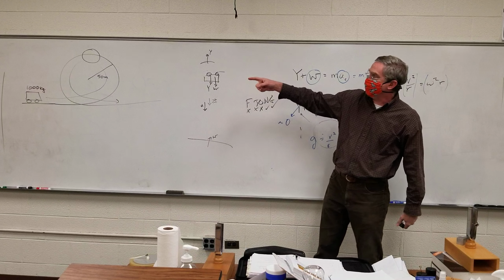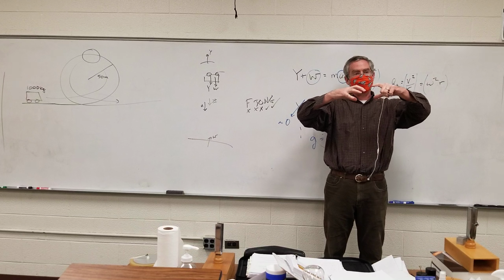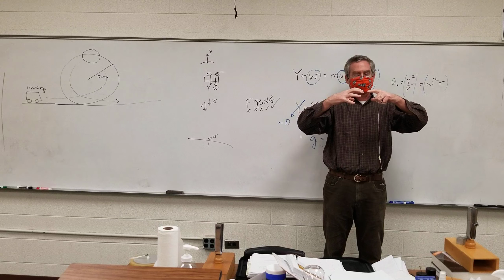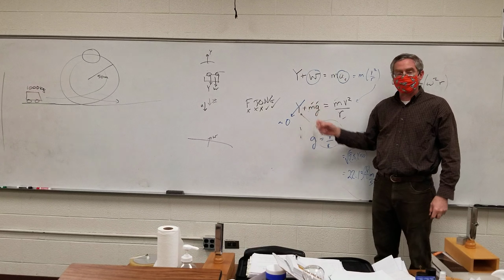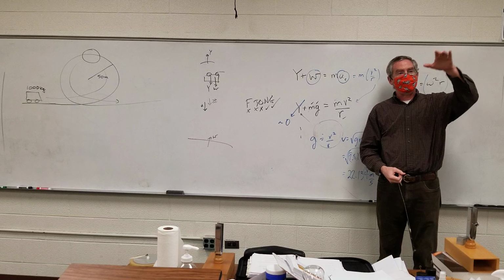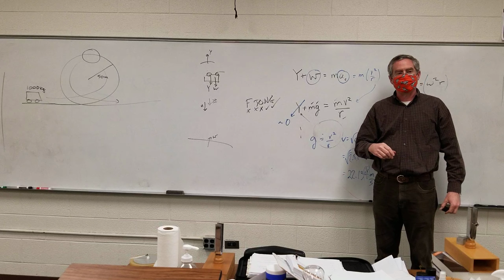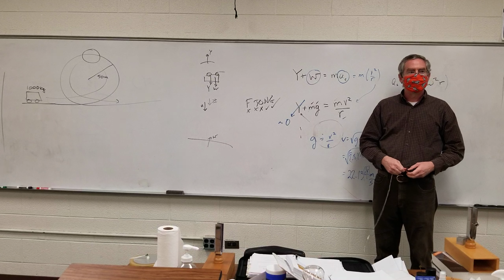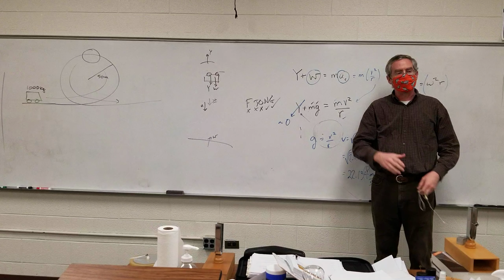The analog here is that as you slow down, there's less and less normal force. The track doesn't need to hold you in as tightly since you're traveling slower. So that minimum speed happens when that normal force is zero. Or by cause and effect, I think we're backwards there, but normal force is zero when I'm traveling that minimum speed.